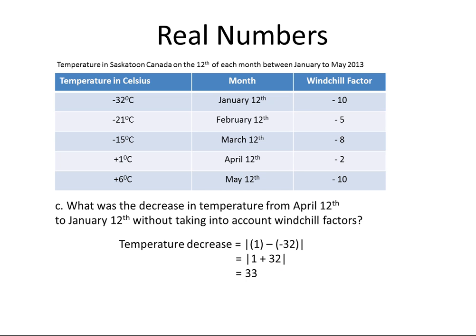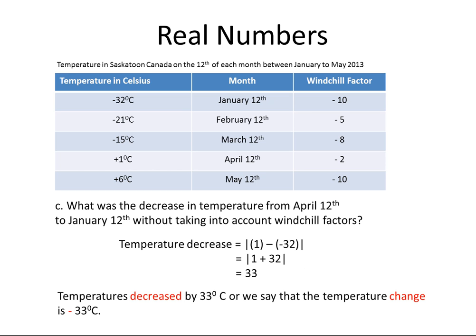However, this doesn't mean that temperatures increased by 33. It actually decreased. We're going to write a statement, and you will see how writing a statement can make a difference. We say that temperatures decreased by 33 degrees. From 1, it dropped 33 degrees to minus 32.